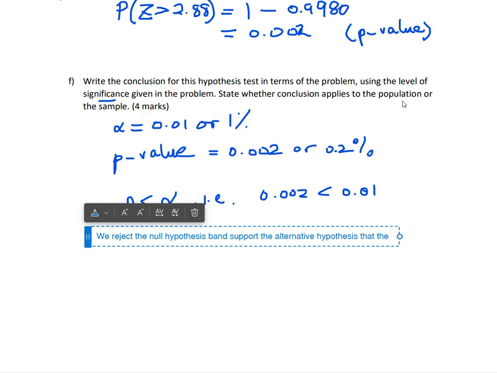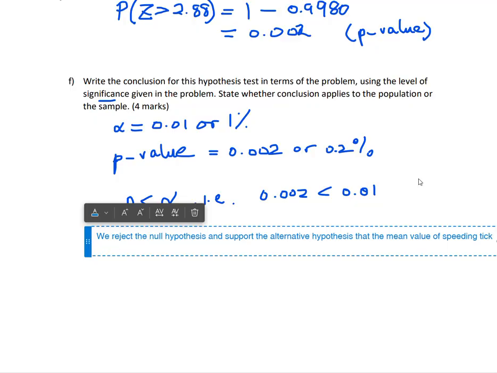So we reject the null hypothesis on the basis that the p-value is less than alpha, and having done that, we support the alternative hypothesis that the mean value of speeding tickets has increased.